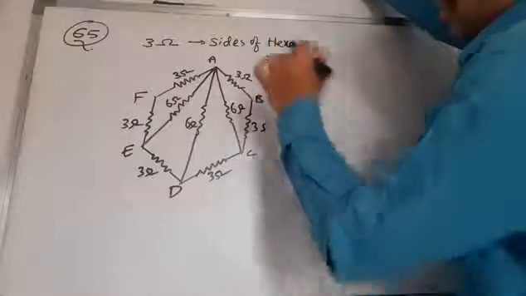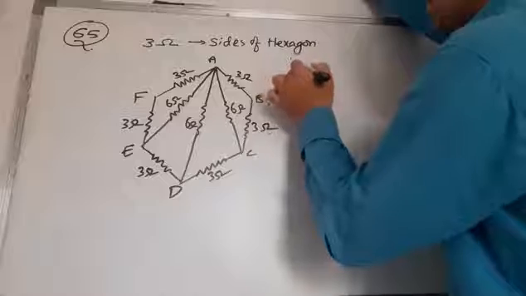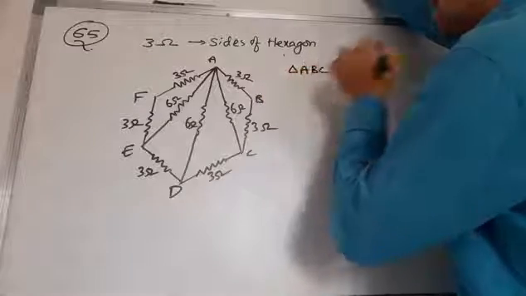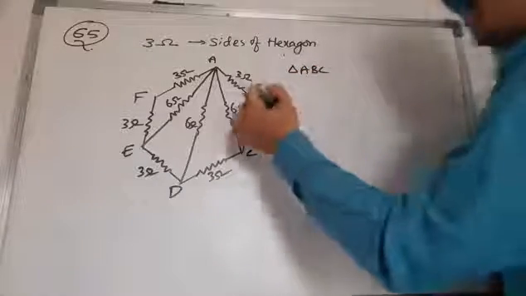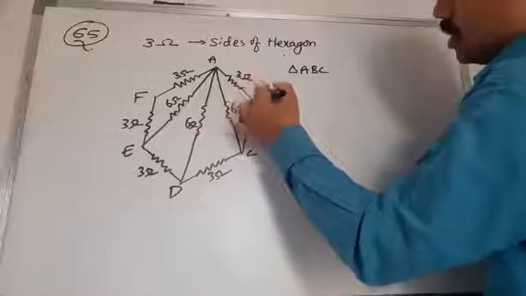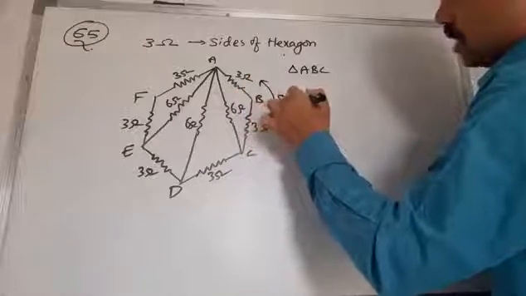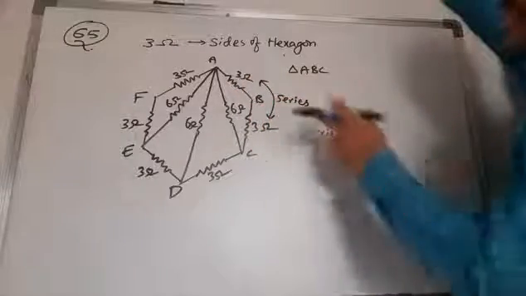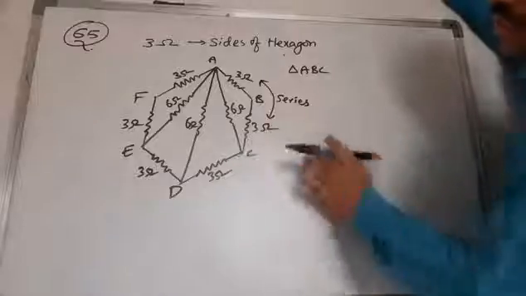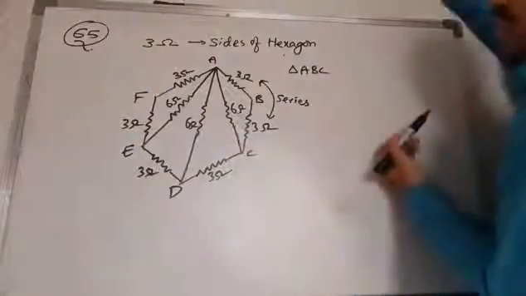So first you take this triangle ABC. In this, the 3 ohms and this 3 ohms are both in series. The same current will flow through them, and they are in parallel with this 6 ohms.